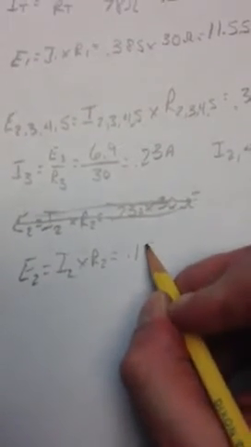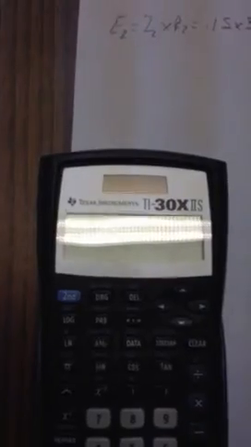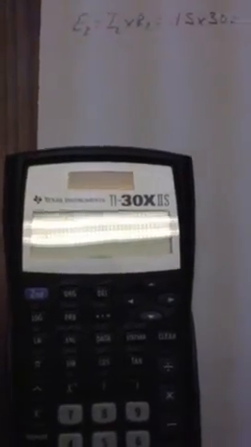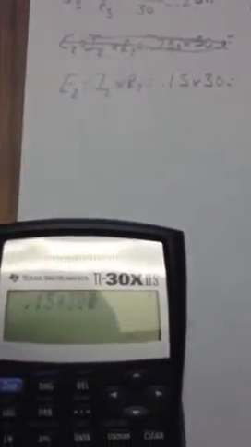So it's 0.15 times 30. So we'll clear that. 0.15 times 30. And that's 4.5 volts.